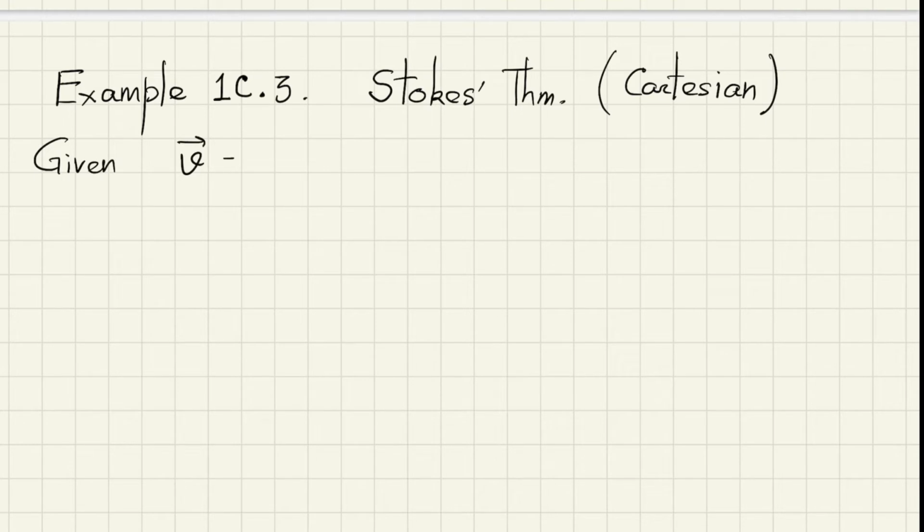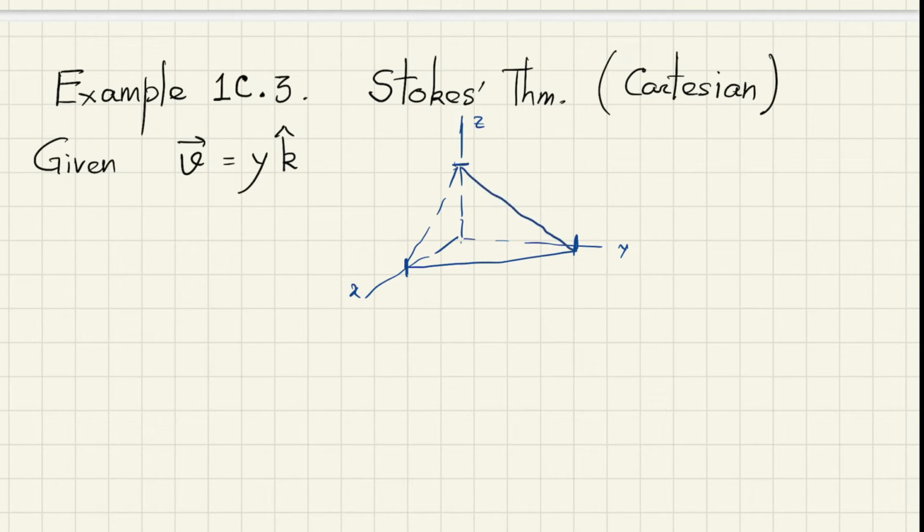is a vector function which is like y k, and this is, let's say, x, y, and z. Then the surface has a, and let's say 2a. So this is this triangle, where this is a, this is 2a, and this is a on the axis.